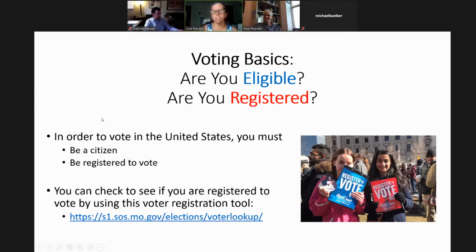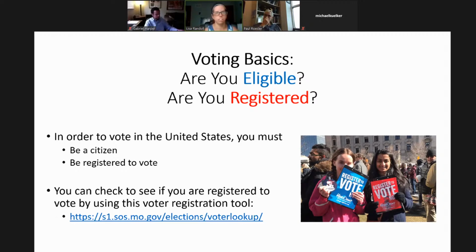Okay, so voting basics. Are you eligible and are you registered? In order to vote in the United States, you need to be a citizen and you need to be registered to vote. Most of you probably know whether or not you're registered to vote, but there are some of you who may not.